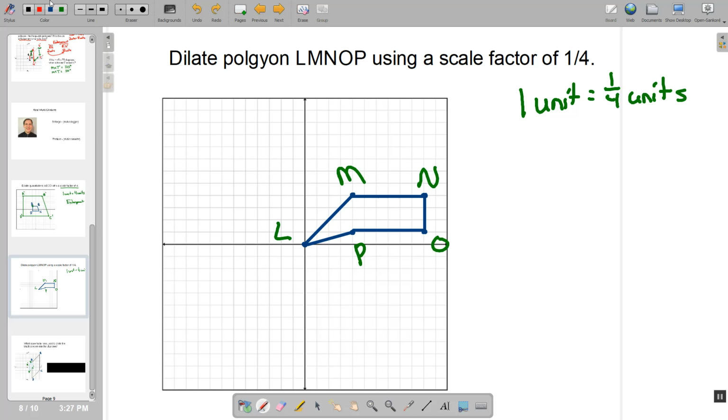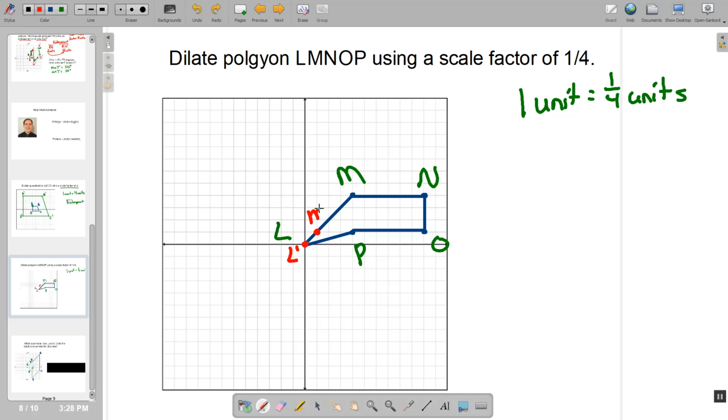Now L is at 0, 0. If we're dilating about the origin, that means we should stay at 0, 0. So L prime and L are in the same place. If we go to M next, which is over 4 and up 4, we need to reduce that by an order of 1/4. So it'd be over 1 and up 1.